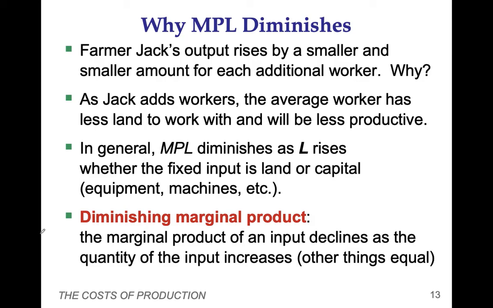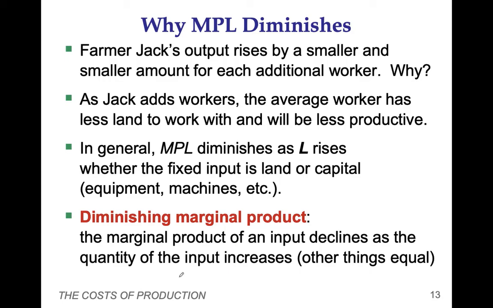So there is a principle called diminishing marginal product. The marginal product of an input declines as the quantity of the input increases, other things equal. Other things equal means nothing changes except the input we are talking about.